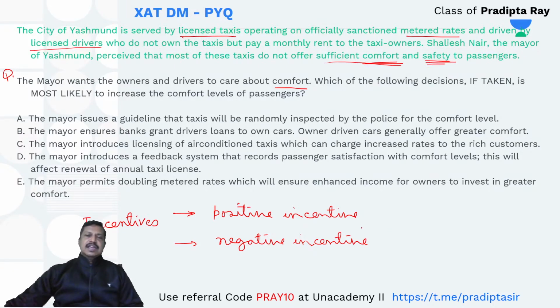If an employee reaches late, for example, the office rule is after 3 lates, the person will be penalized. If you are going on time, there is no incentive over there, no positive incentive. But if you are going late, you have a negative incentive. That means you have a penalty. Okay.